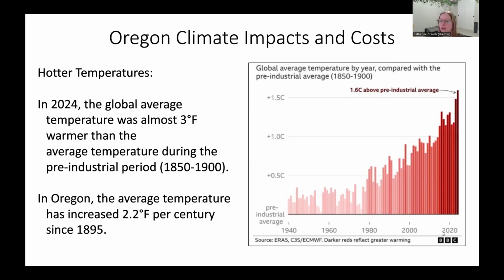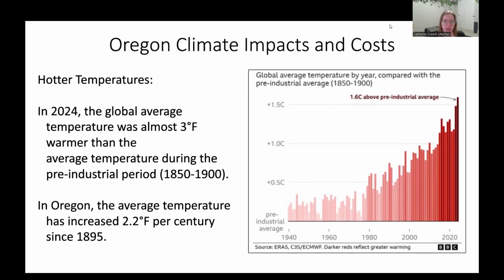Then we have up to 2025. I think there's 5 bars after 2020. In 2024, the global average temperature was almost 3 degrees Fahrenheit warmer than it was in the pre-industrial period. In Oregon, in our state alone, the average temperature has increased 2.2 Fahrenheit per century since 1895.